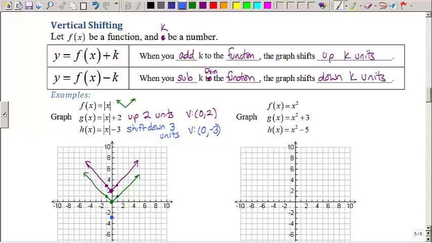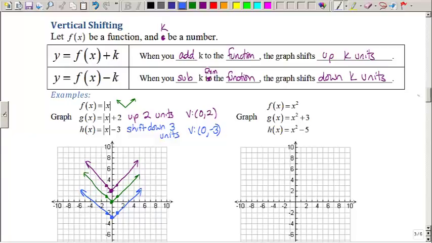To get my other points, I can go from my vertex right one, up one, left one, up one. Or another way you could think about it is if you could move those 3 points down 3 units each, you'd have these 3 critical values, and then you can draw your V shape.